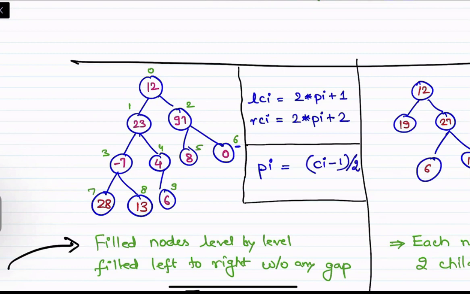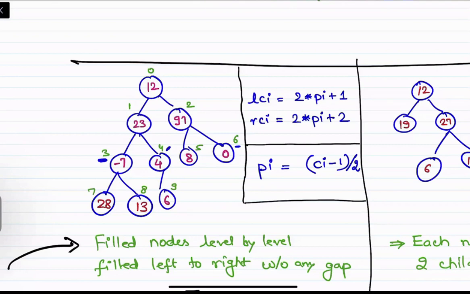From Ci, if we subtract 1, child index minus 1 divided by 2 will always give you the parent index, considering integral division. 3 minus 1 by 2 is how much? 1. 4 minus 1 by 2 is also 1, considering integral division. So these formulas are interesting.